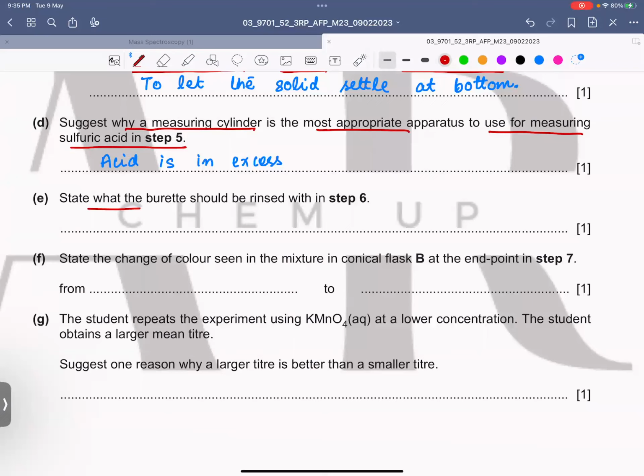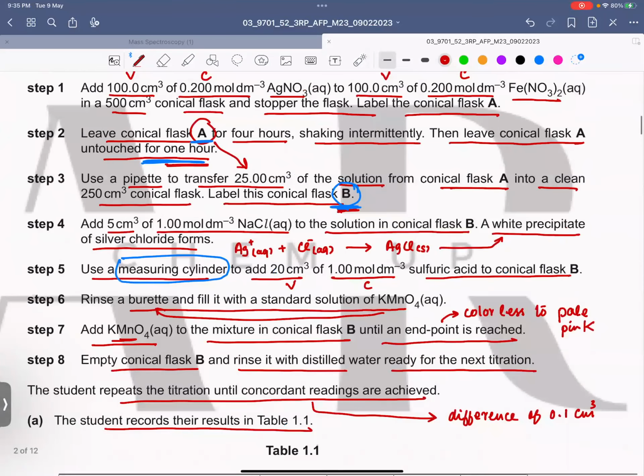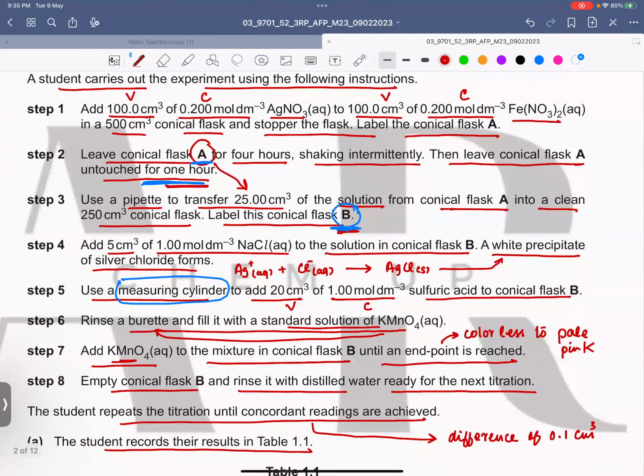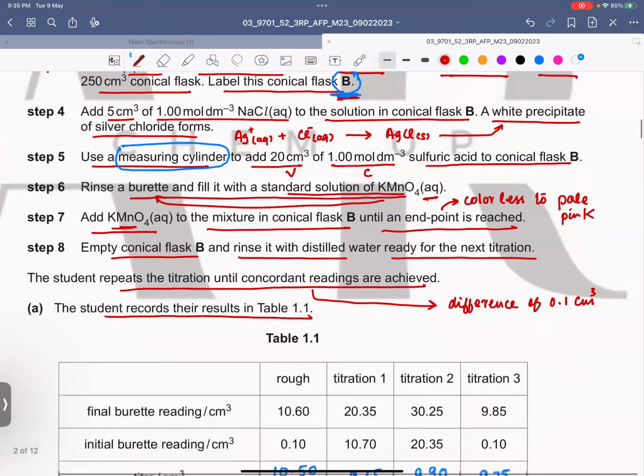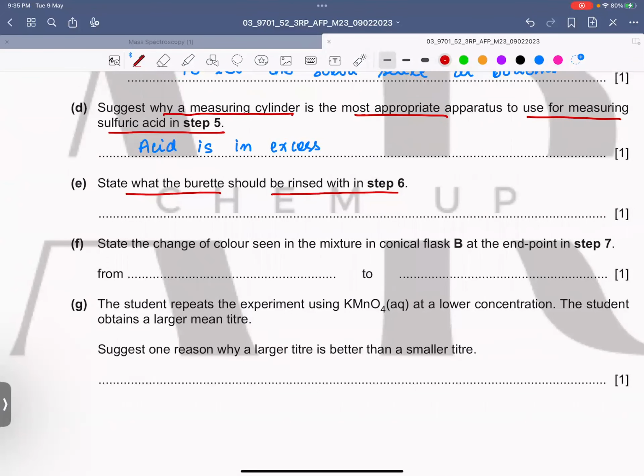Now, state what the burette should be rinsed with in step 6. In step 6, the burette is filled with standard solution of KMnO4 aqueous, right? So when we are filling a chemical in the burette, we rinse the burette with the same chemical.